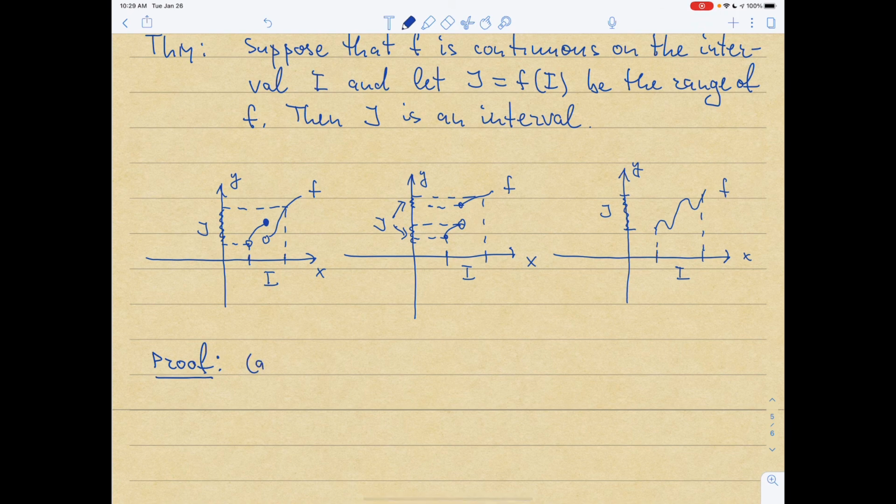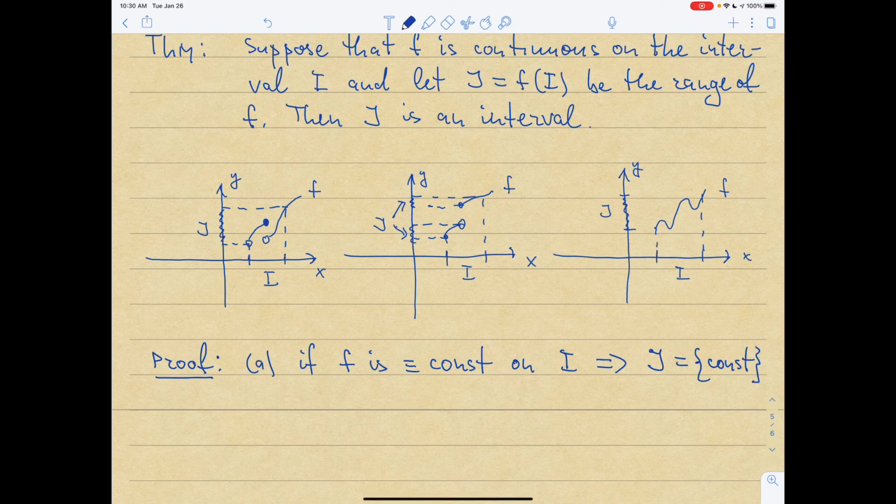Case A: if f is a constant on I, then of course J is going to be a single point, right?